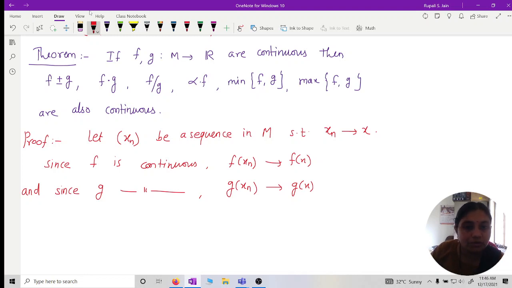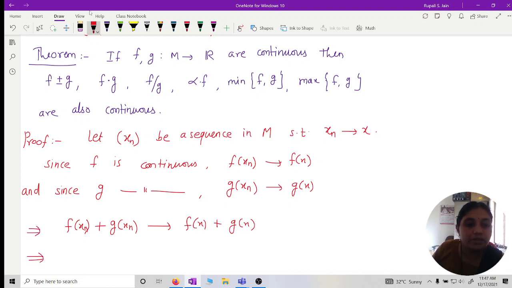Now addition: if xn converges to x and yn converges to y, then what do we know about xn plus yn? It will converge to x plus y. So f of xn plus g of xn will converge to f of x plus g of x, right?